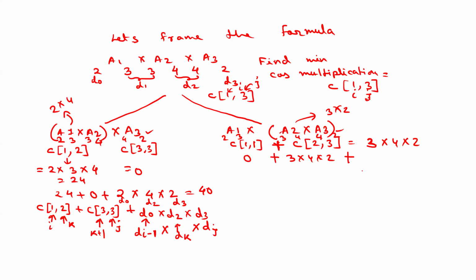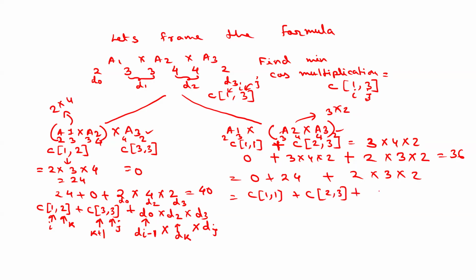That means 2 cross 3 cross 2. So 0 plus 24 plus 2 cross 3 cross 2, this is 36.